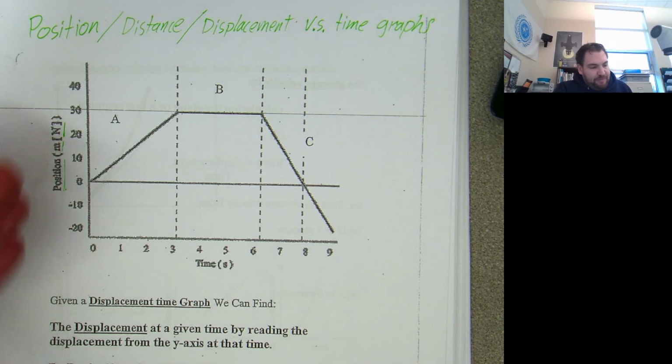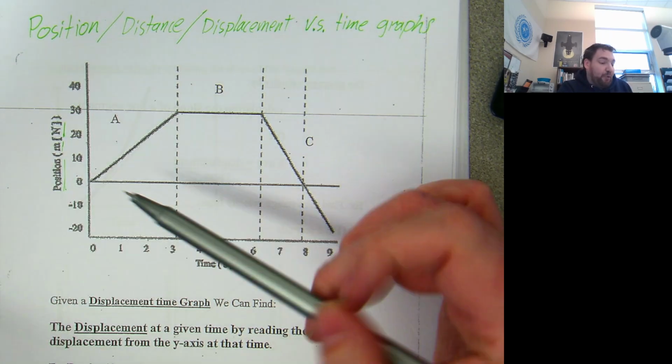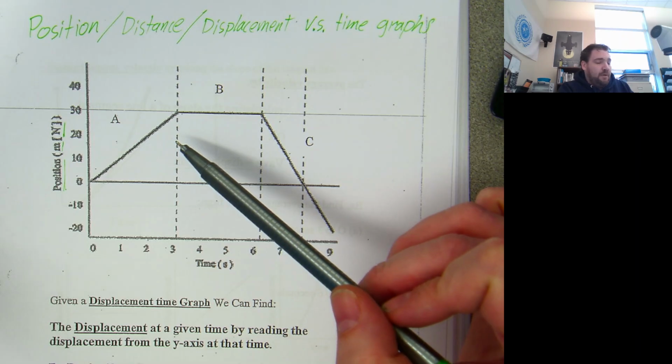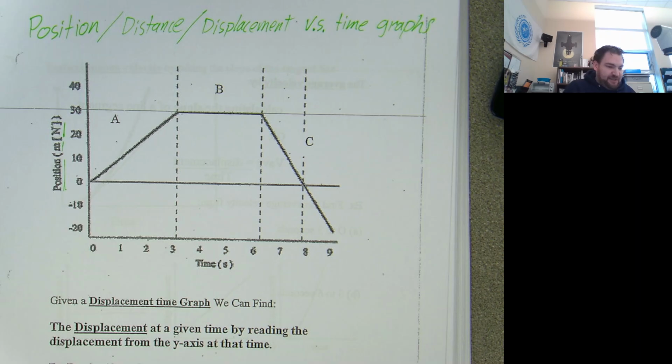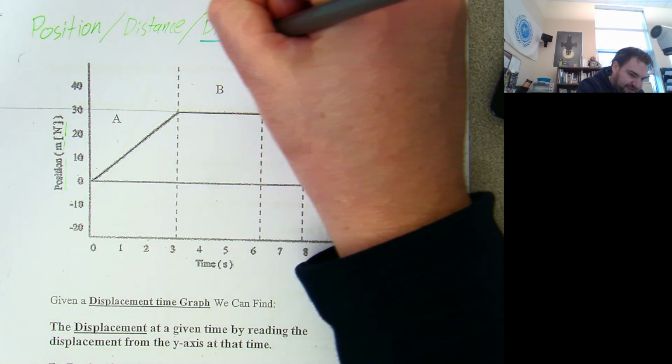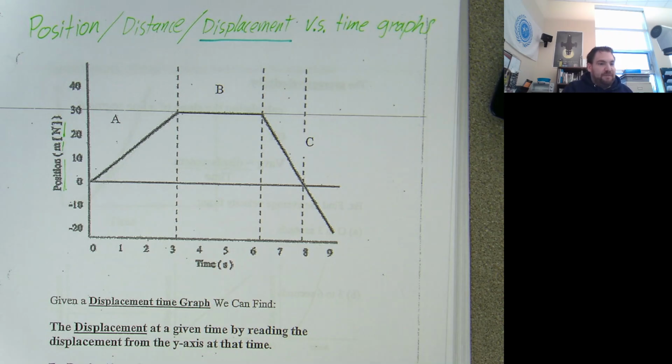If you're plotting positions and moving between them, yes, it says position there, but really what we're looking at here is a displacement graph. Displacement versus time. Because we're labeling positions and then moving back and forth between them. A change in position is a displacement. This is a displacement versus time graph.